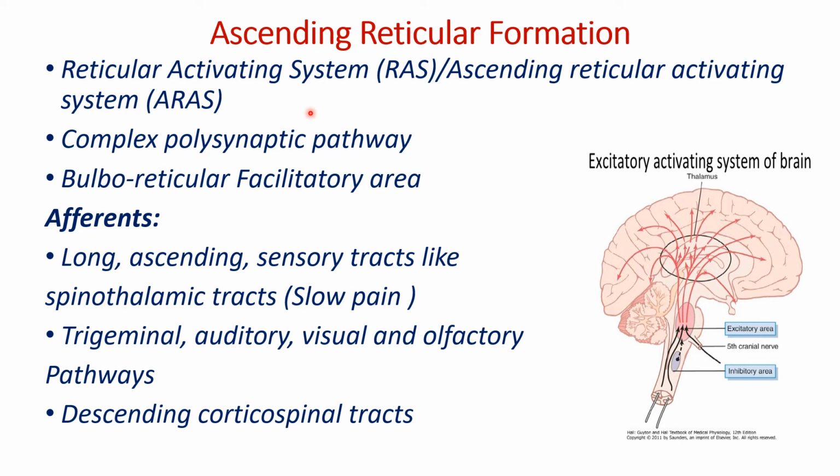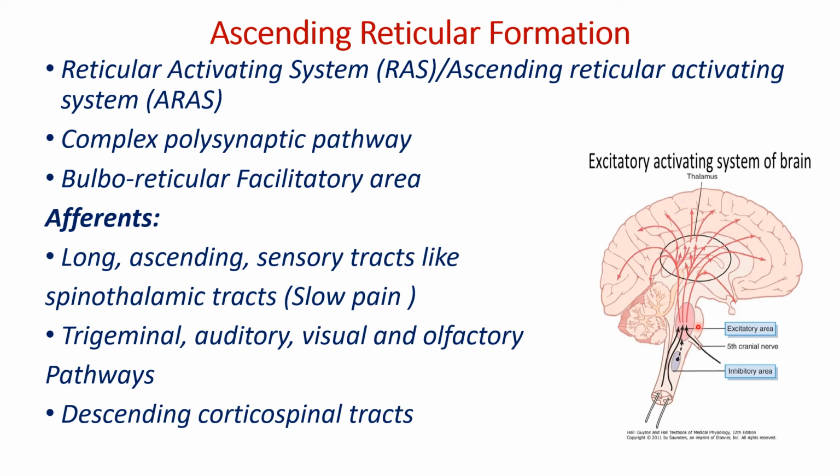It is made up of a complex polysynaptic pathway, an intertwining network of neurons present in the upper pons and the midbrain, also known as the bulboreticular facilitatory area.